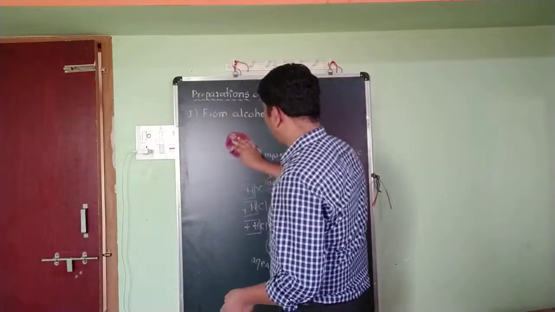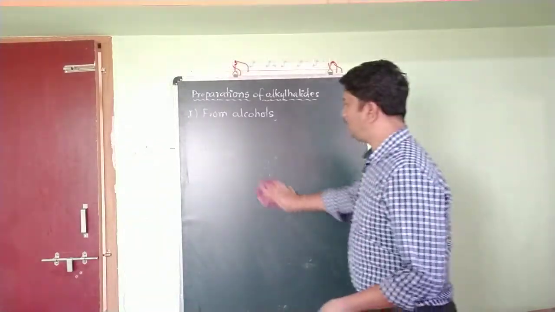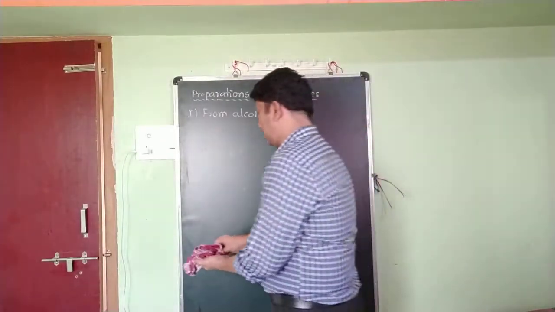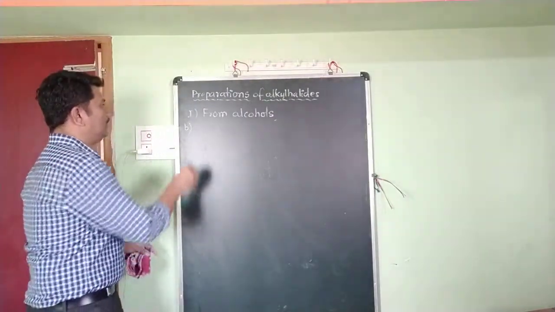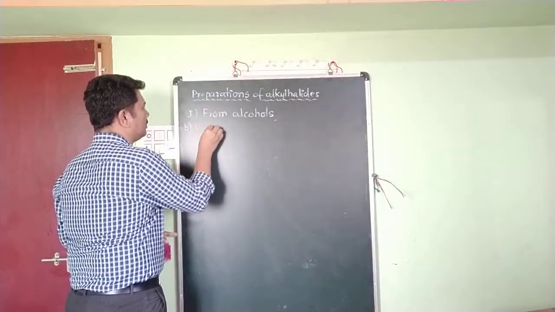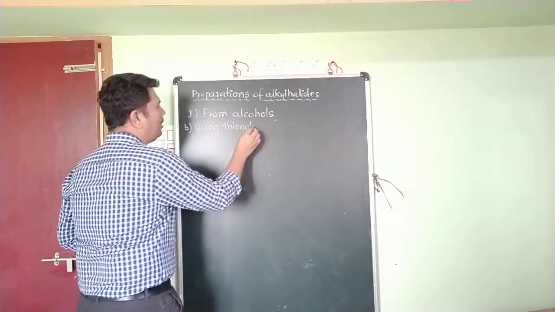Then we'll move to the second method from alcohols itself. The second method is B, using thionyl chloride.